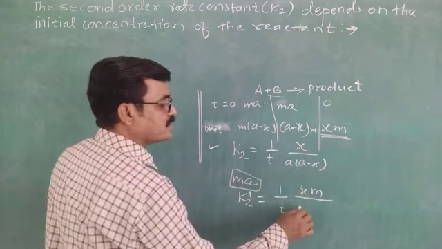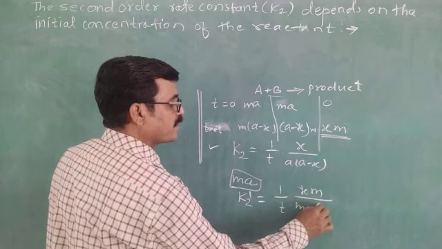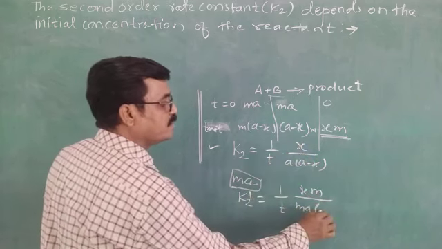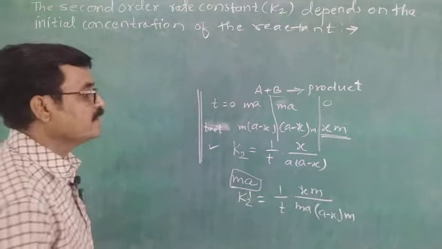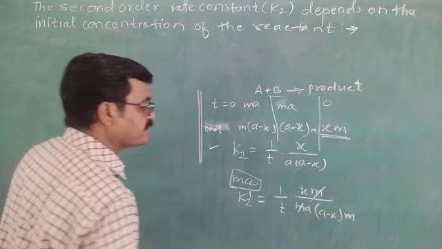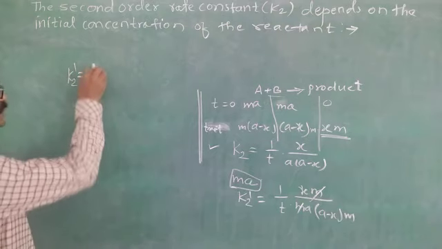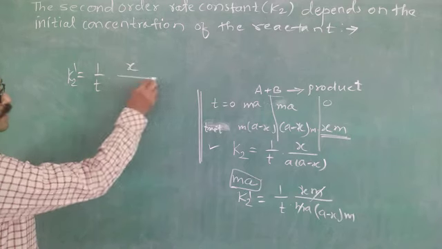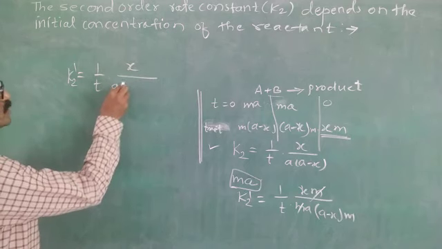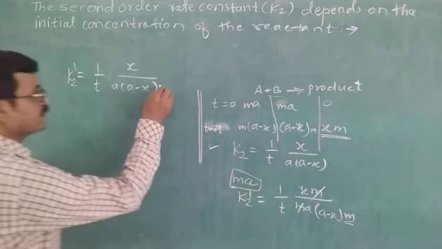The initial concentration here is M into A, and the concentration of the reactant at time t will be A minus x into M. Now this M gets cancelled. So what is the value of K2 dash? K2 dash is equal to 1 upon t into x upon A into A minus x, but 1 upon M is also there.